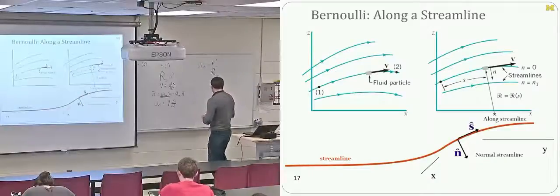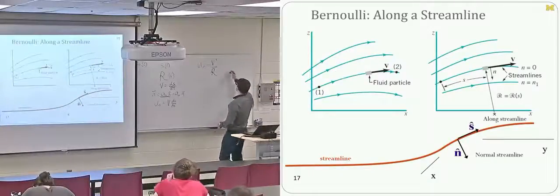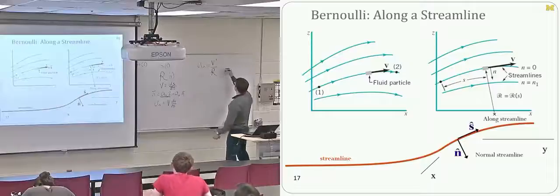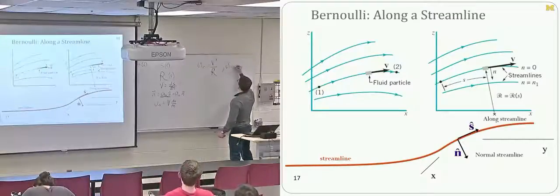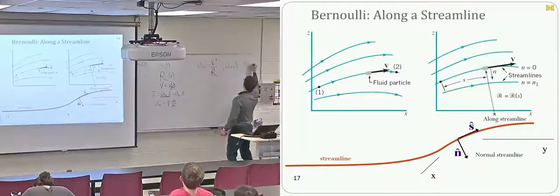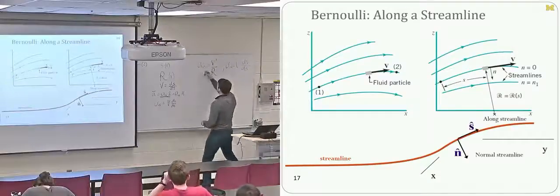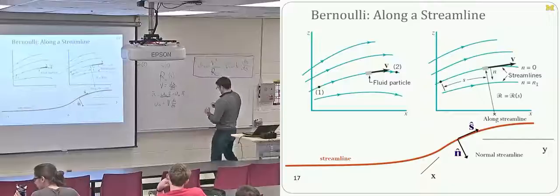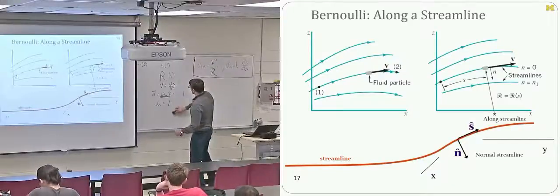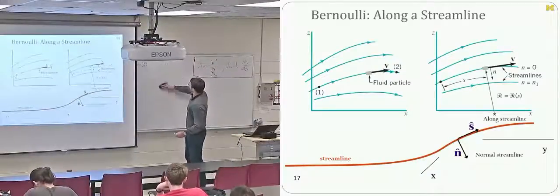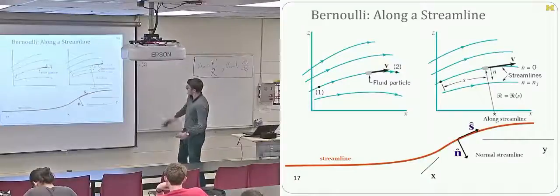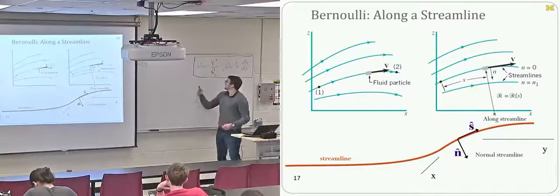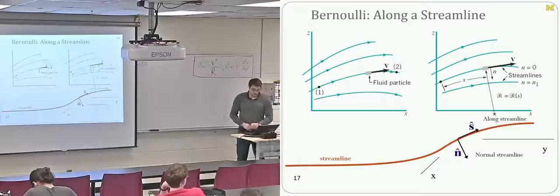So we're going to go ahead and summarize these two. Normal acceleration, and the streamwise acceleration a_s is equal to V dV/ds. So these are our two accelerations.